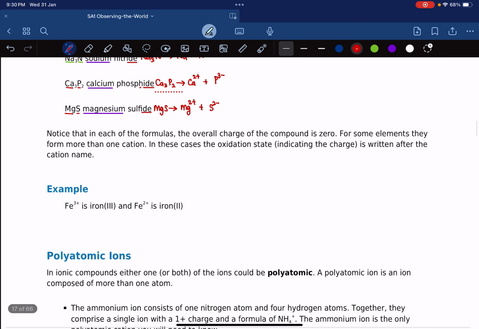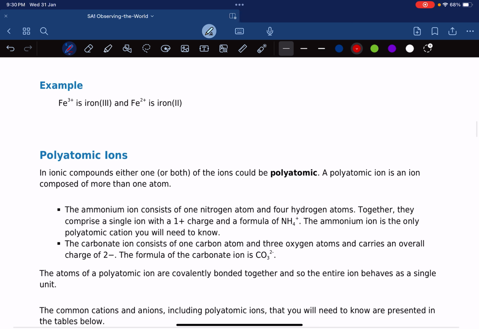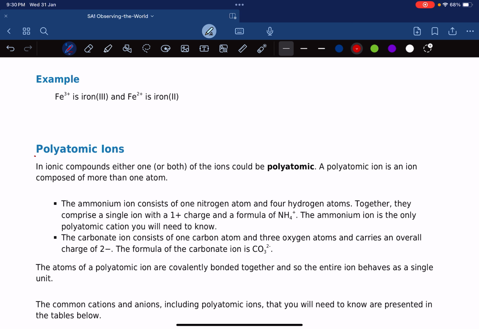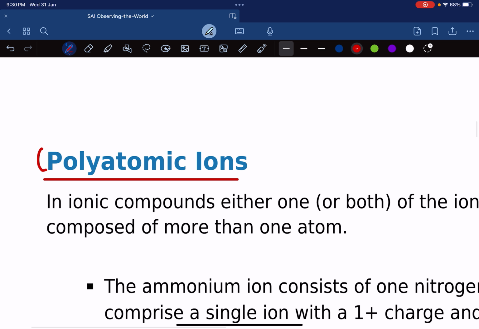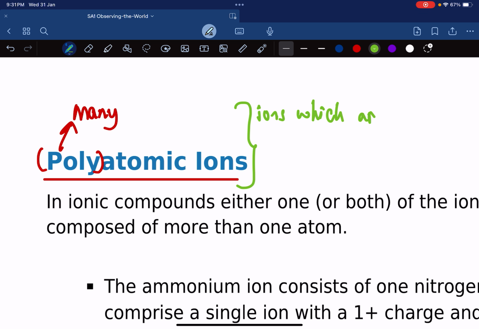Then you come to this one here that talks about polyatomic ions. The word poly basically means many. So polyatomic ions are ions which are made up of many atoms.